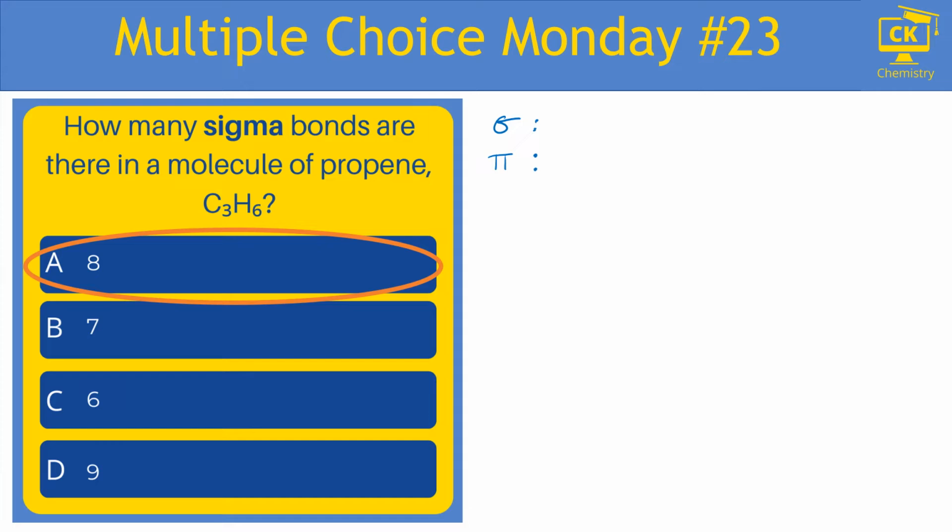So a sigma bond is formed by the end-on overlap of orbitals, and we usually consider it as the overlap of s orbitals, which are spherical, so they can overlap with each other. For example, like this. There's not really an end-on overlap for that, because s orbitals just overlap as they're spheres.